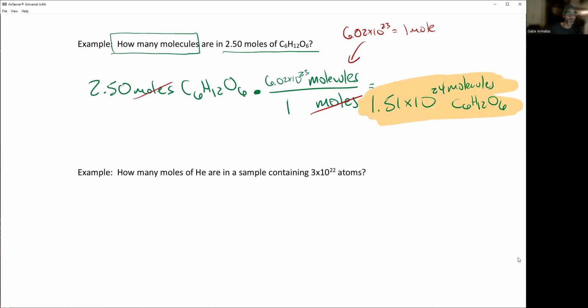So that's one way of doing it. Notice that I use molecules over moles because I want moles to go away. So how many moles of helium are contained in a sample of this many atoms?